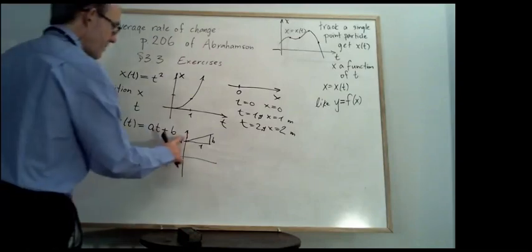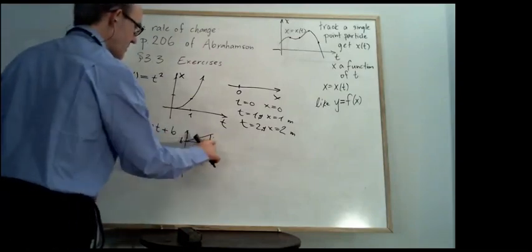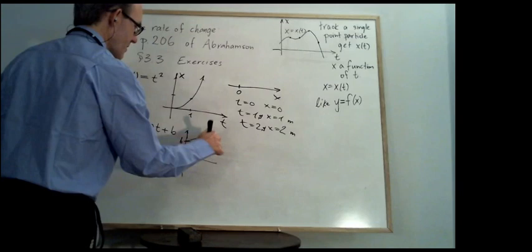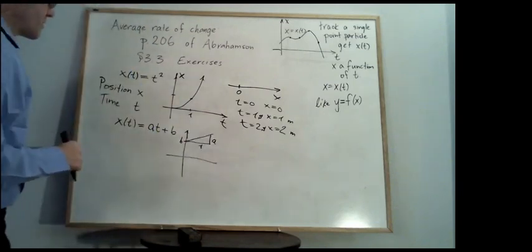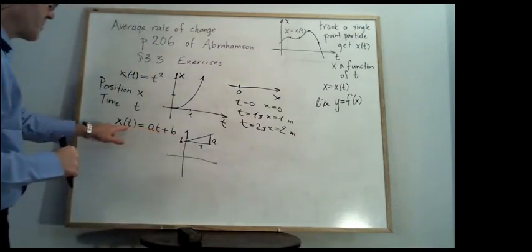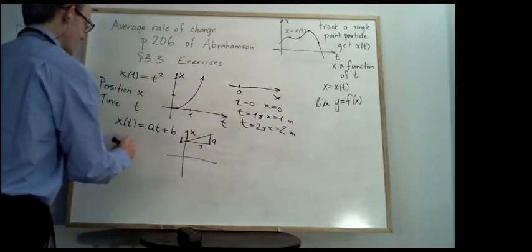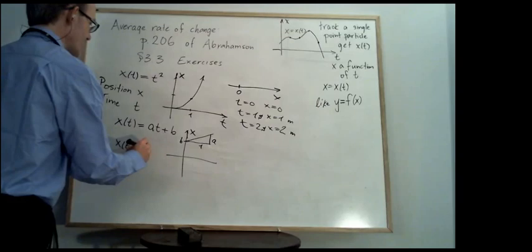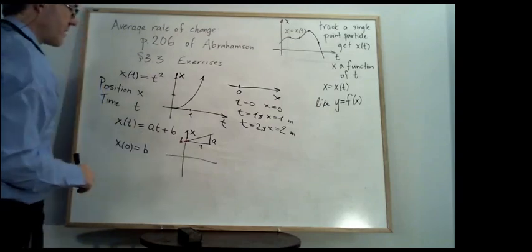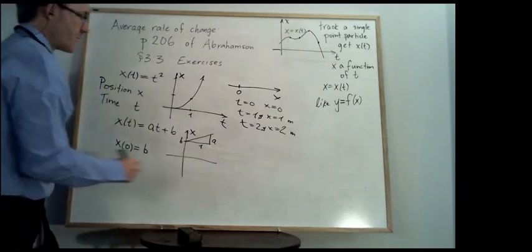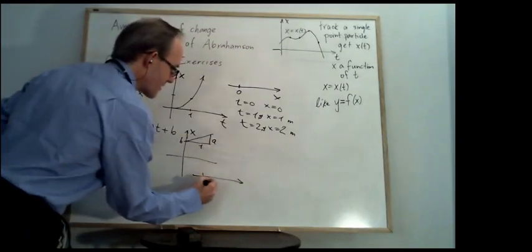I'm sorry, the other way around. B is here and A is here. So what is B? B is the starting position at time t equals 0. So it's the position along the x-axis where you start.